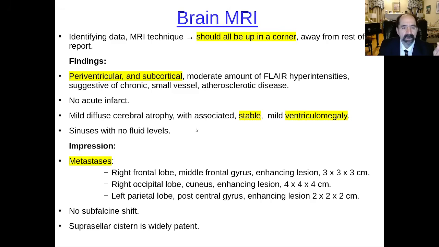Hydrocephalus, a problem. If you find metastatic lesions, describe where they're located. This is an important thing to do. It helps the radiation oncologist. The surgeon likes to see that. And also, if you get in the habit of always describing relatively precisely the anatomical location of metastatic lesions and other findings, you'll stay good at it. You'll remember it.